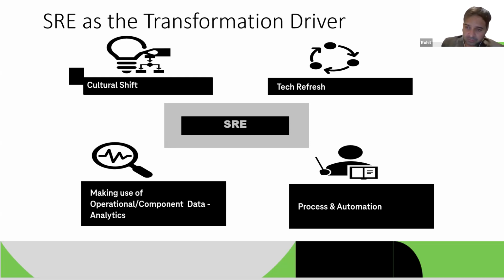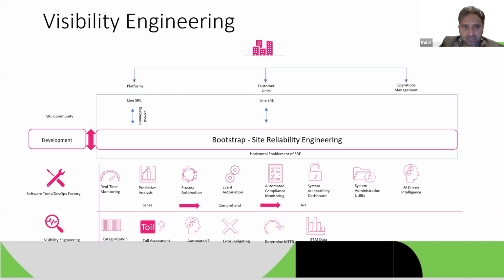Now, the fourth and the most important thing which we are going to discuss today in detail is about making use of operational and component data analysis, right? And we're going to talk about how this part of data analytics can be used to really kickstart, drive, and push the site reliability engineering concept across the organization.